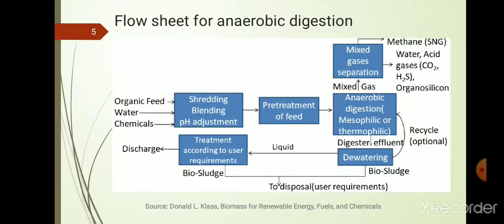At the same time you will get an effluent or a solution which is a biofertilizer. So you can either directly use it or you can remove the biosludge and use it for other purposes. So this is a typical flow sheet for anaerobic digestion.